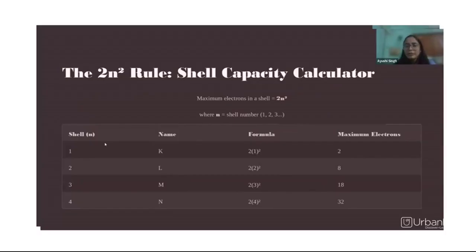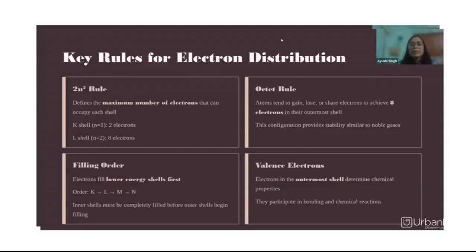Now there are a few rules which we need to know. We know the maximum number of electrons rule: each shell can accommodate a maximum number of electrons, and we have already solved that. Now there is the octet rule as well. That means atoms gain or lose electrons or share electrons to achieve their octet. That means in each shell they are trying to complete 8 electrons.